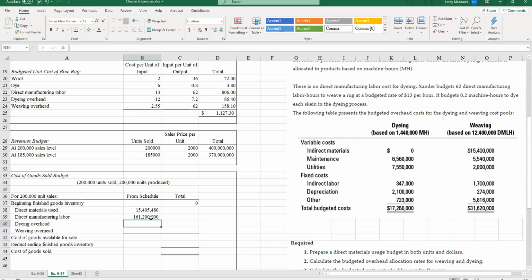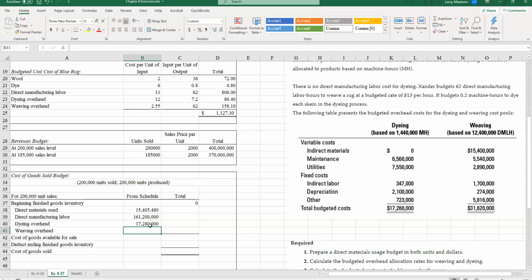Now, what about dyeing? Well, we've got dyeing overhead. Remember, it cost $86.40 per unit. So I'm going to take my $86.40 per unit and multiply that by the number of rugs I plan on selling. And I should have dyeing overhead incorporated into my cost of goods sold of $17,280,000.